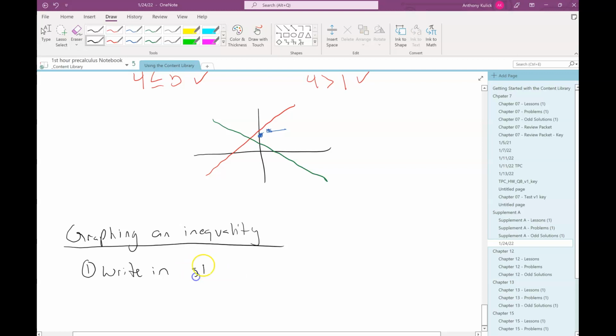So the first thing we're going to want to do is rearrange our equation so that it's in slope-intercept form. Remember, though, that if we multiply or divide by a negative, we flip the inequality.